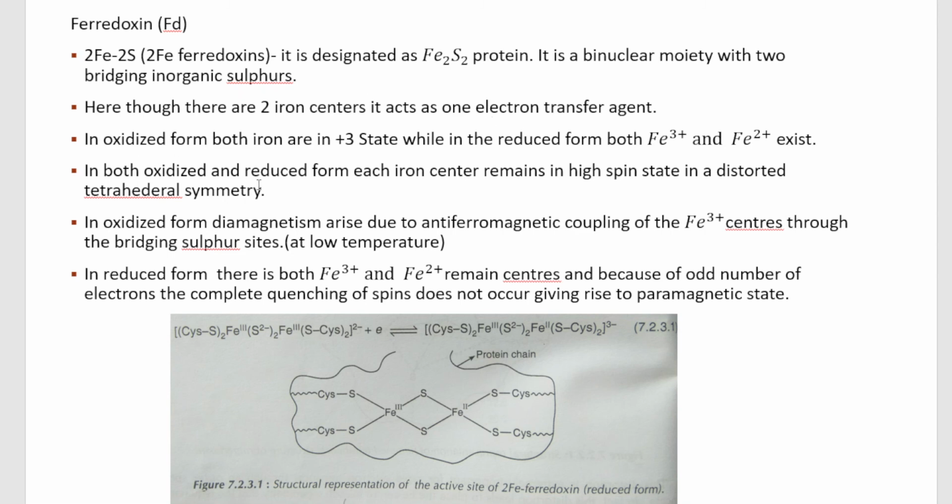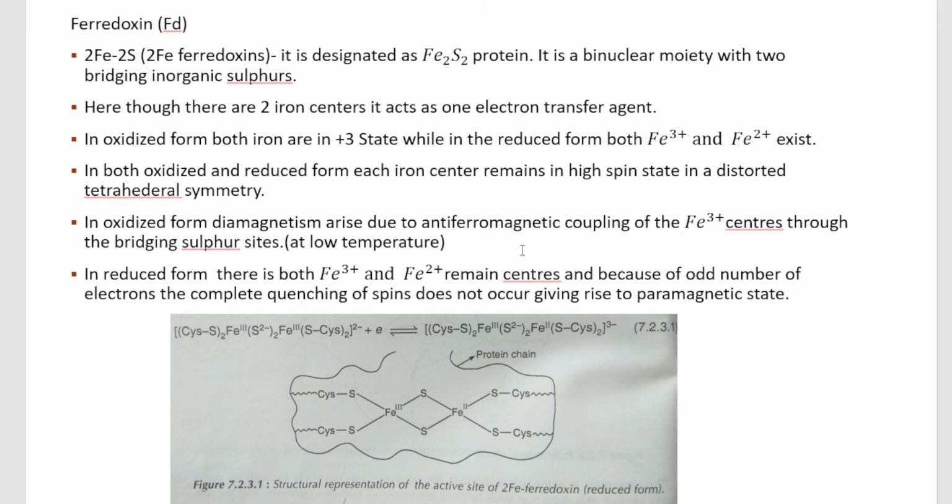And in both oxidized and reduced forms, the iron centers remain in high spin state, and there is a distorted tetrahedral symmetry. That is, it is not exactly tetrahedral, but a little distorted tetrahedral symmetry is present. And in the oxidized form, diamagnetism arises, because you know that in the oxidized form both of them are in +3 state.